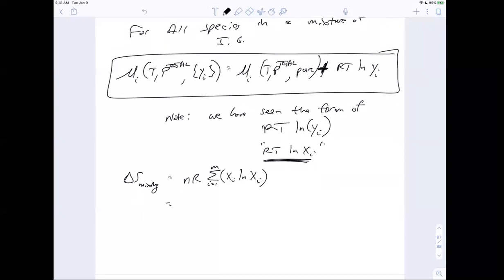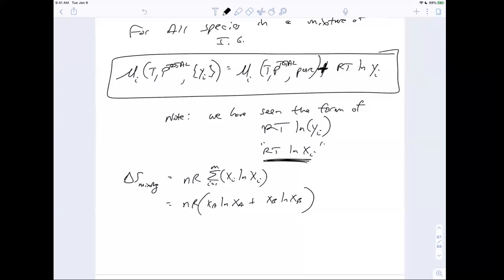If we have 2, it's just NR, where N is the total number of moles, times x sub A natural log x sub A plus x sub B natural log x sub B. Remember? And so we see that the chemical potential lowering, this free energy lowering, in the mixture is arising from something related to entropy. So the entropy of mixing is what's causing this lowering of the chemical potential.